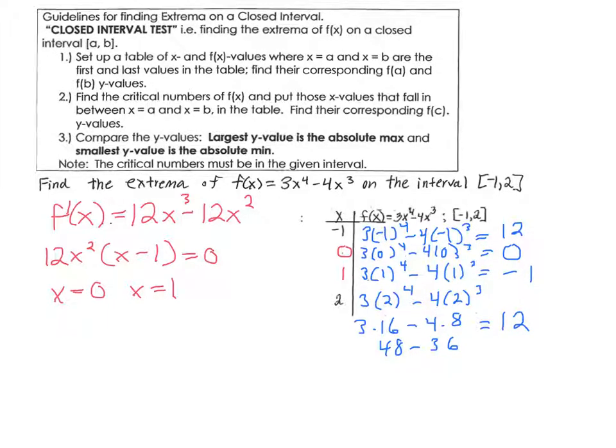So it looks like I have two absolute maxes. I have an absolute max at -1, 12, and another absolute max because they're equal, so that's okay, at 2, 12. And then it looks like I have an absolute min at 1, -1.